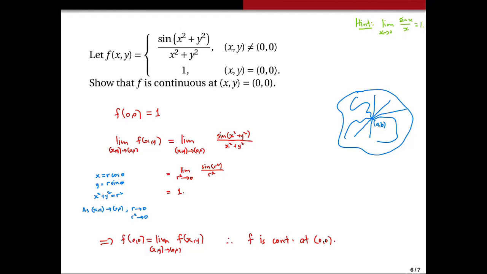Now, what about polar? When you convert Cartesian to polar, you are not actually changing any of the curves. You are just changing how you look at the plane.